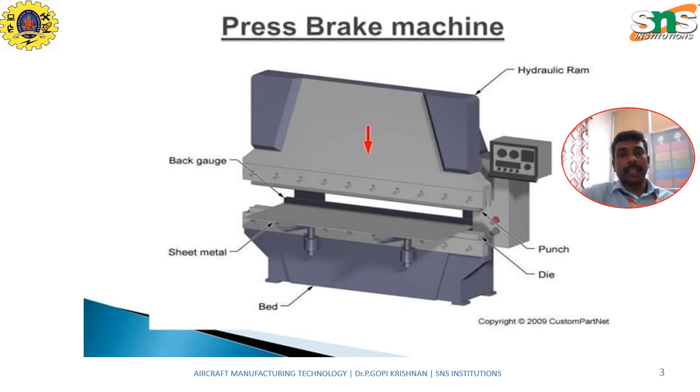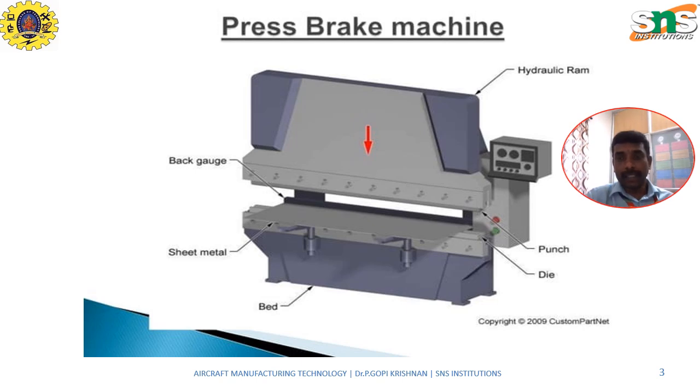You can see the machine called the press brake machine, which is used for performing the operations over the given sheet metal. We have the major components such as the bed, and the component used in the operations is the sheet metal, which has to be taken to the applications, and there is going to be a back gauge. You have to apply pressure over the sheet metal for the operations to be performed, which is done by the ram.